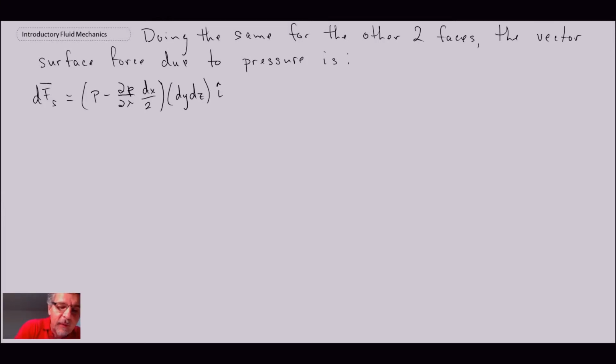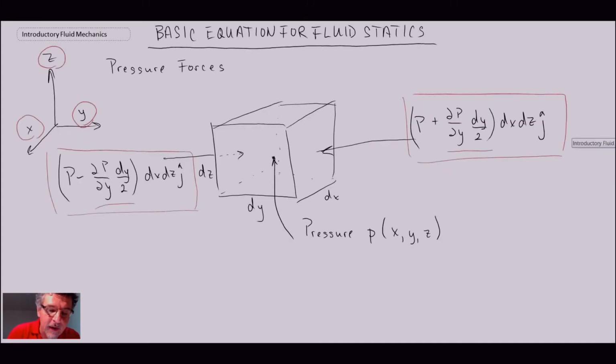And for this, we're multiplying by the area that the x direction pressure is acting on, which is dy dz. And then on the face on the upper side in the x direction, let's go back to our cube of fluid, which was right here. So we're now dealing with the x direction.